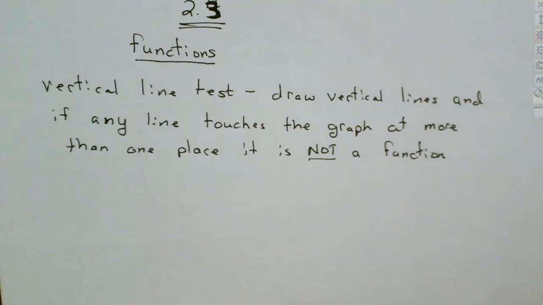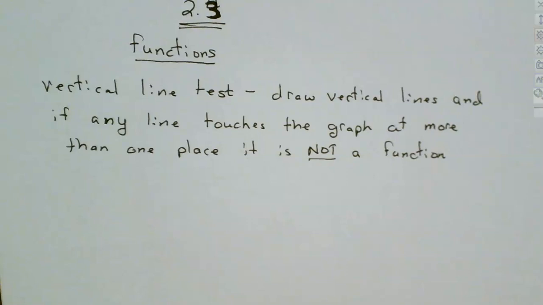Now, circles were not a function. They were different. In mathematics, we work primarily with functions. We do a little bit with circles and other things, but mostly we talk about functions. If it's not a function, it's called a relation. So vertical line test, we draw vertical lines, and if any line touches the graph at more than one place, it's not a function.